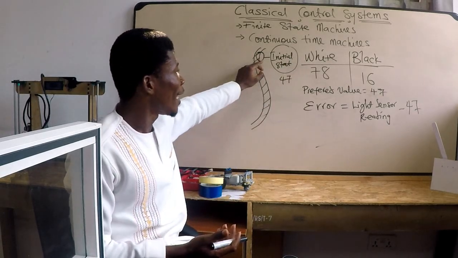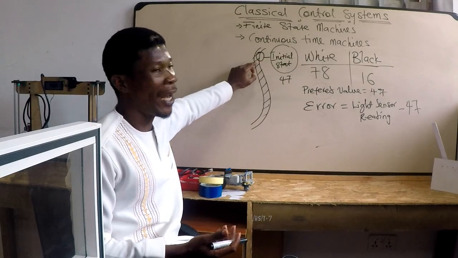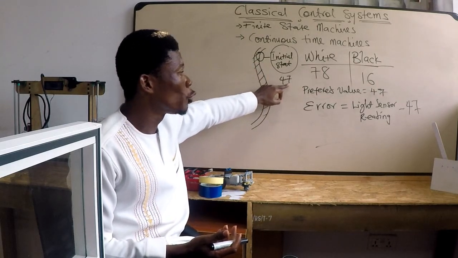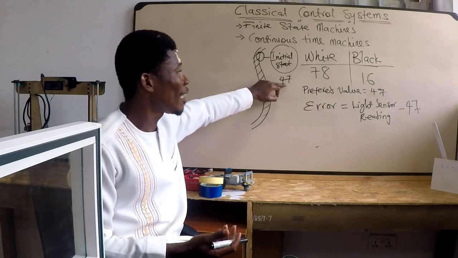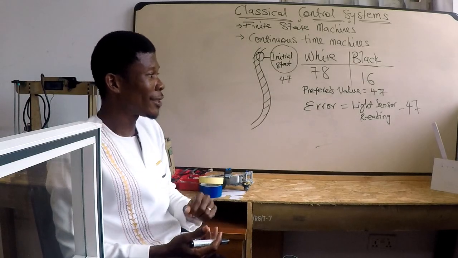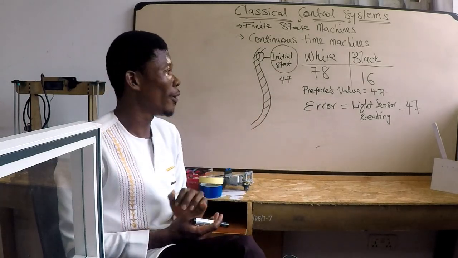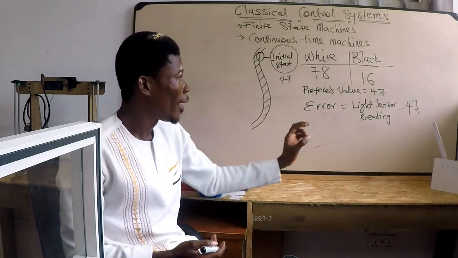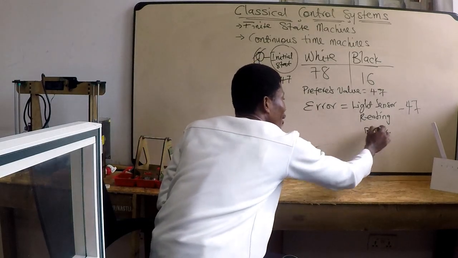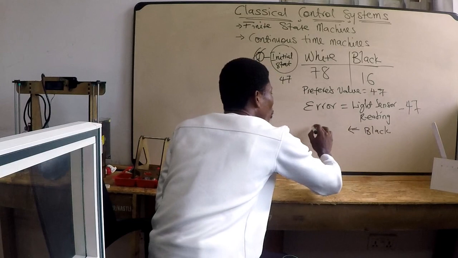If the light sensor should deviate more into the black than the white, then the light sensor value is going to drop below 47, which is going to give us a negative error. So if the light sensor drifts into the black, error becomes negative.